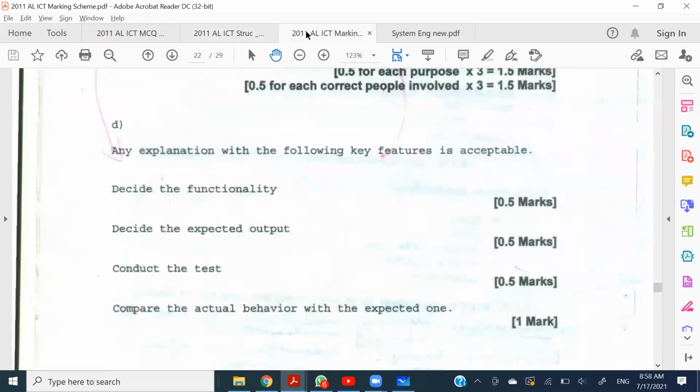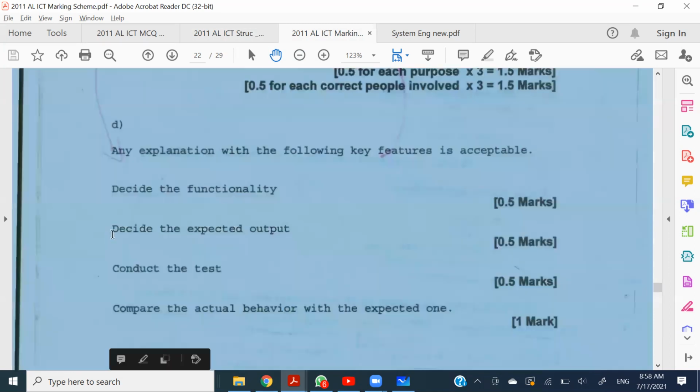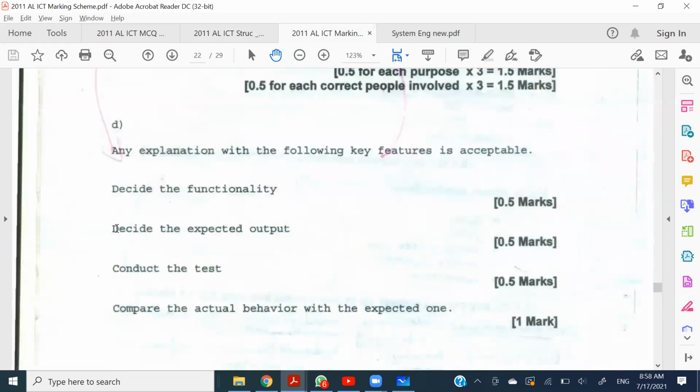So it should match with these things. So the functionality is checking whether the phone is able to create a call, right? So the expected output means, once we create the call, it should be connected with the other end, right?